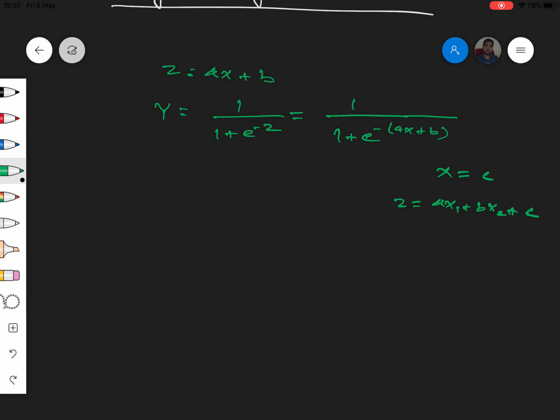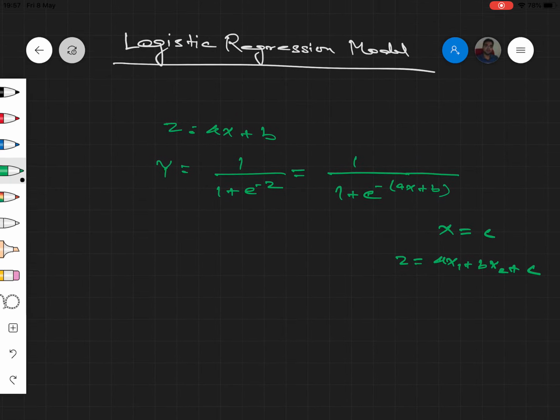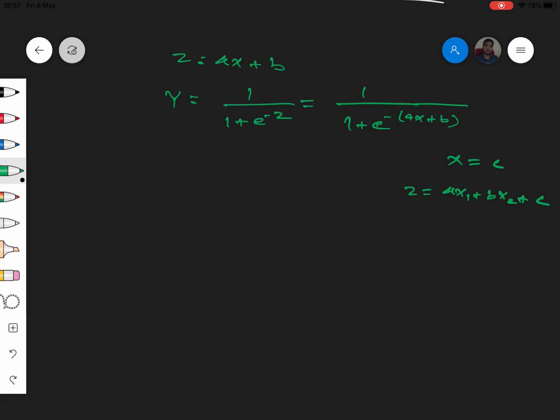So what happens when you call this logistic regression model in the Python library? It fits the data, trains the model and evaluates the optimal values of a and b, for which it gives the best possible fit of the data with this particular mapping.